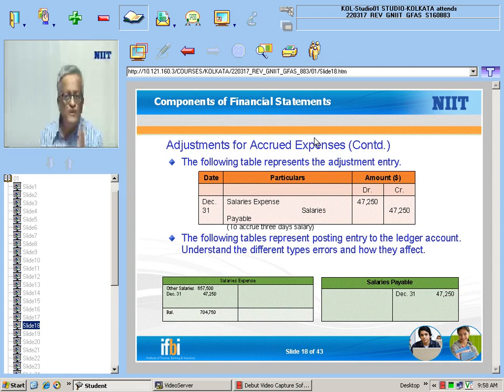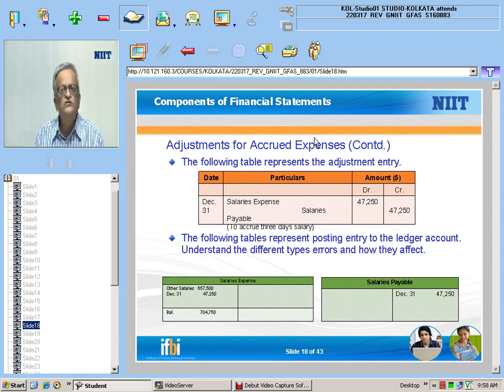That means from the 27th of December to the 31st of December, for this period, the salary has fallen due. What is the amount of the salary? 47,250.